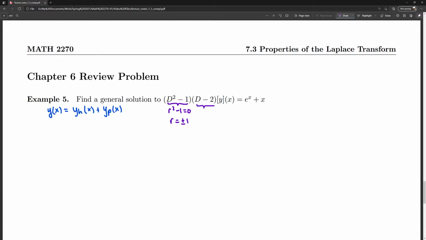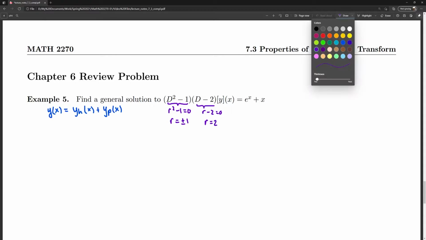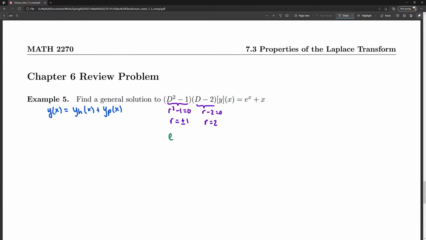And then the second factor is r minus 2 equals 0, so r equals 2. And that leads to the homogeneous solution having the ingredients e to the power 1x, e to the power negative 1x, and finally e to the power 2x.